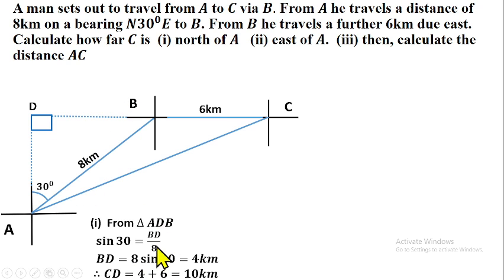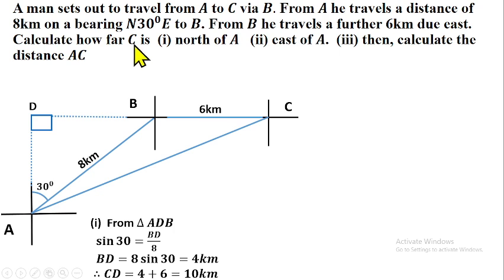Cross multiply, we have BD equals sine 30 times what? 8, and if you multiply that, that gives us 4 kilometers. So that means from here to here is 4 kilometers. Add it to 6 kilometers, that should give us 10 kilometers. So that means the distance of C from north of A is 10 kilometers.